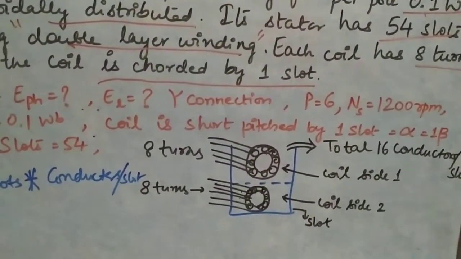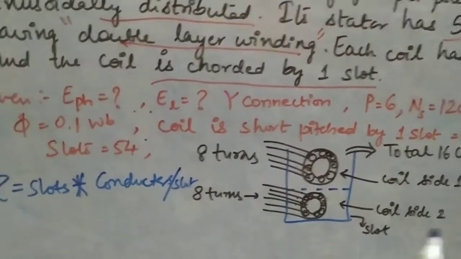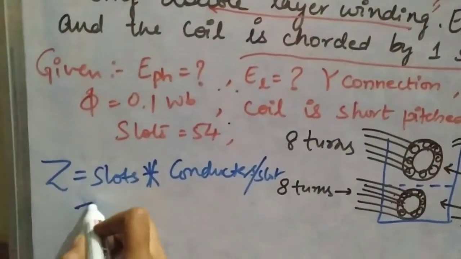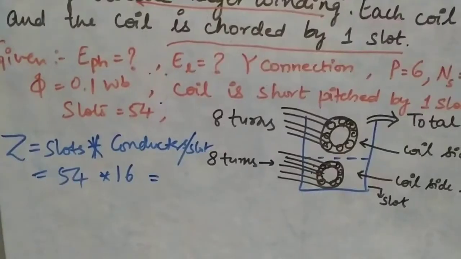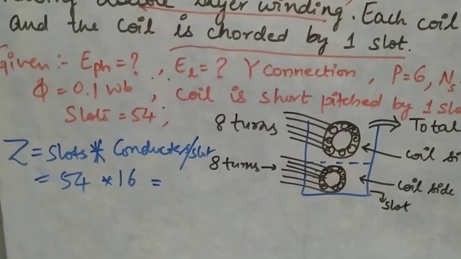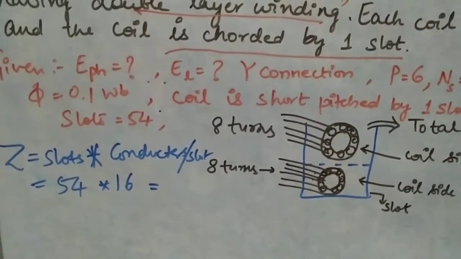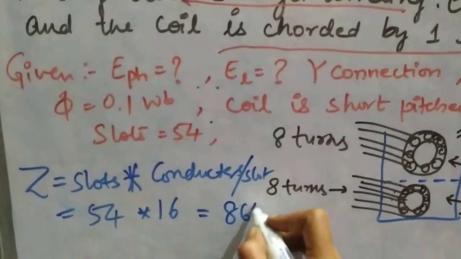The number of slots given is 54, so 54 multiplied by 16, that is 8 turns plus 8 turns, which gives 864. So this is the total number of conductors.